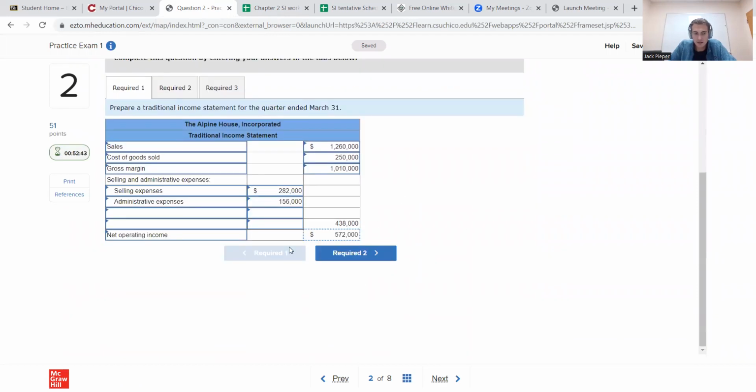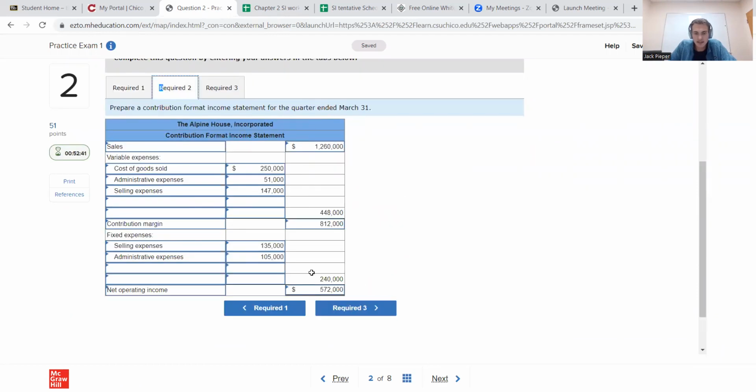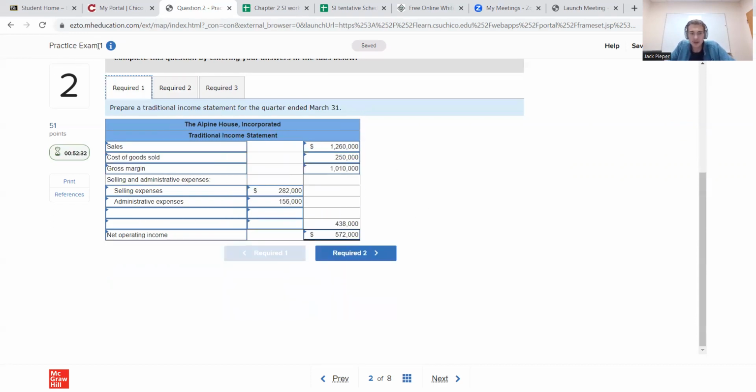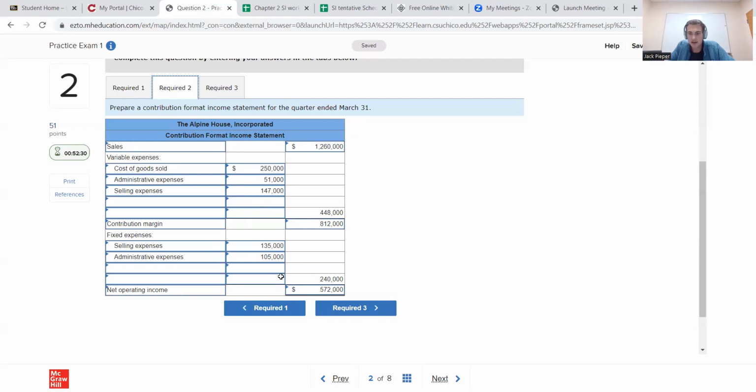We can check by making sure the net operating income is the same, which we cross our fingers for. But we got it. So it's 572,000 each. And if these numbers don't match, you did something wrong, because even though these are different types of income statements, they still show the same thing. It's just differentiating between sales and variable.